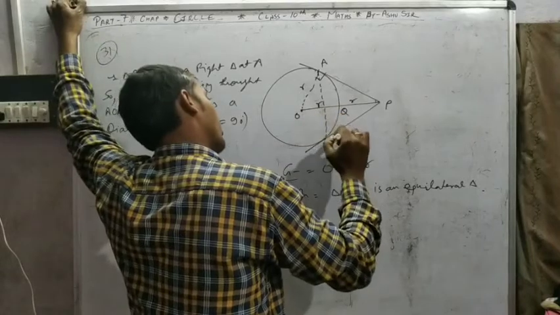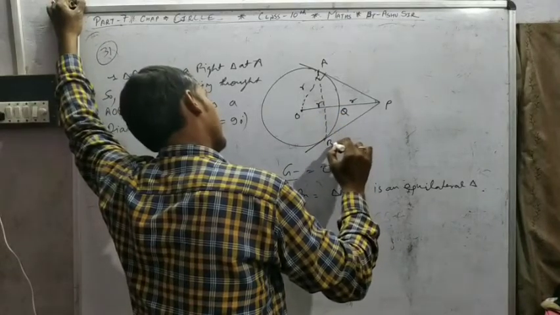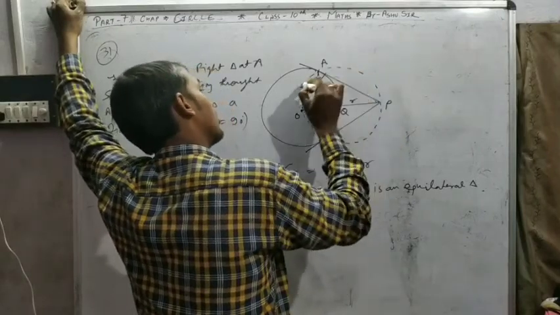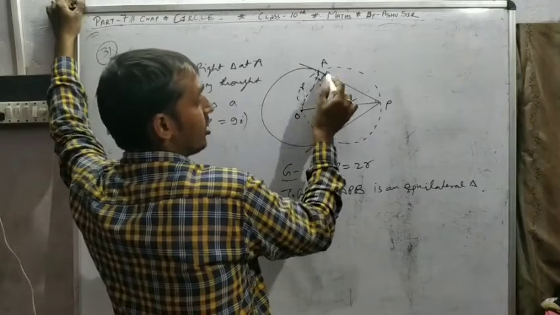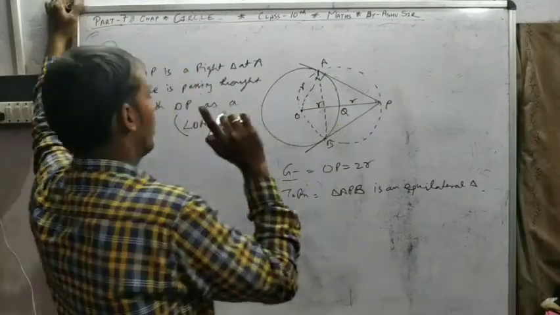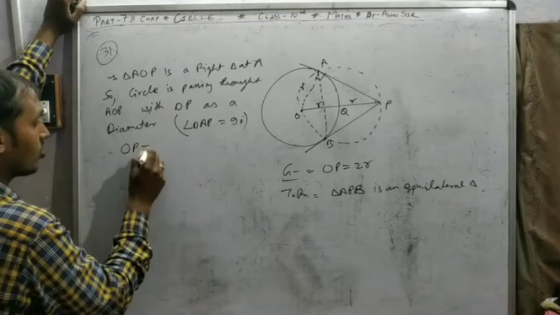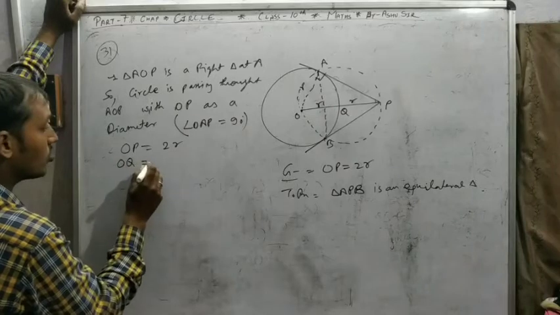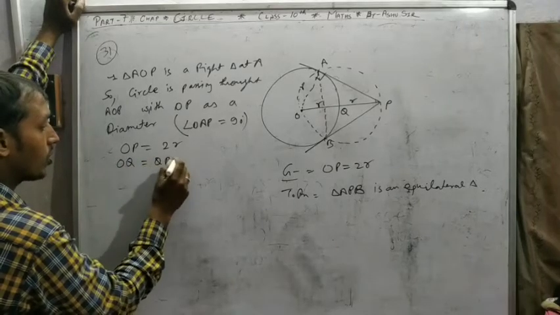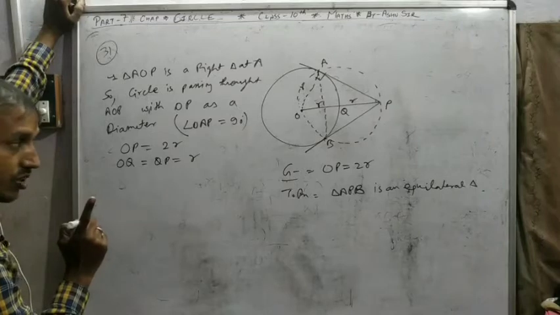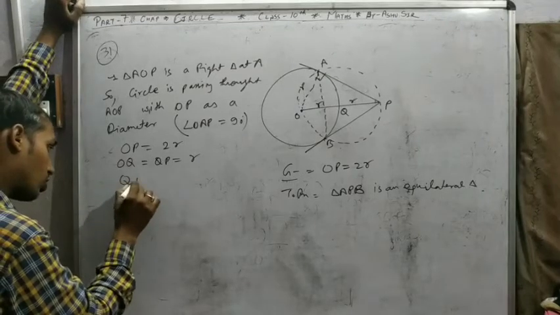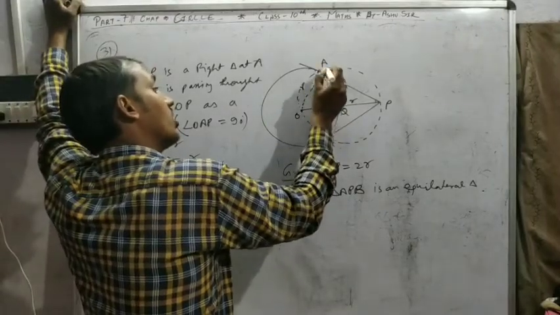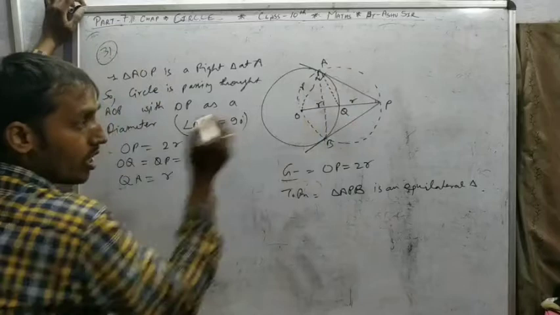Means if a circle is passing from here, so this is 90, so this is the diameter. If OP is equal to 2R, OQ is equal to PQ is equal to R, first thing, and QA is also equal to R, because this is the radius of this circle, which is also R.